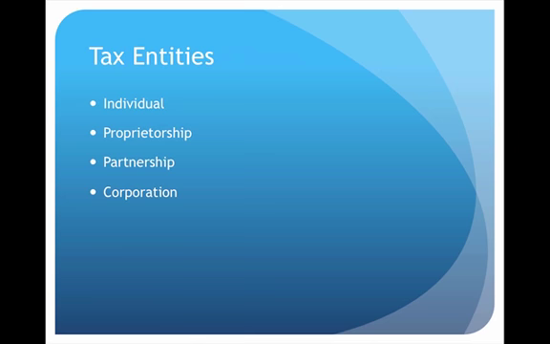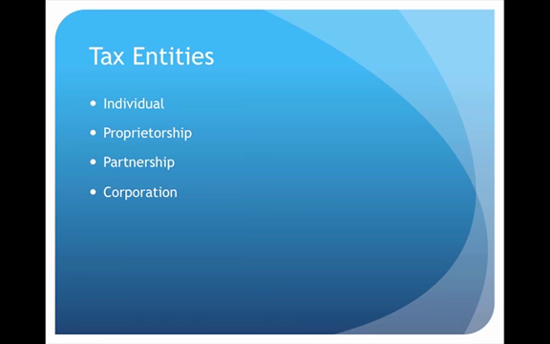And in the first two, in the proprietorship and the partnership, there's no separation between the individual and the business. So a sole proprietor who owns the proprietorship, that individual is the same entity as the business. And the same goes for a partnership. All those individual partners who own that partnership, there's no separation.